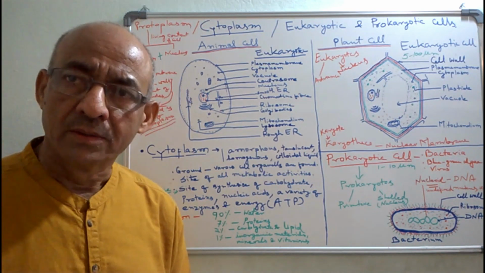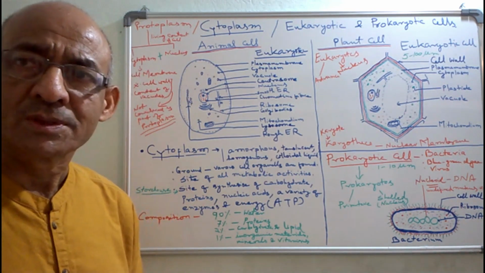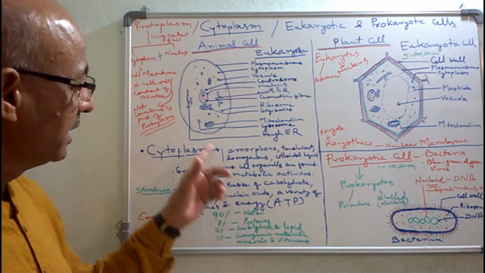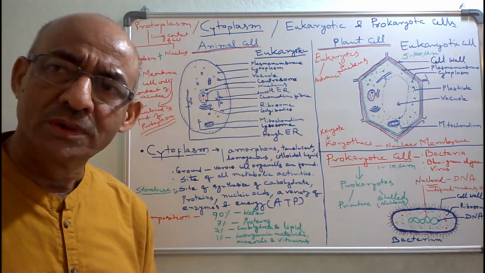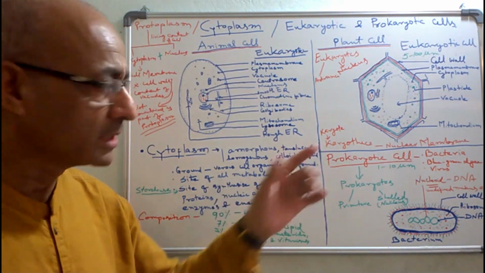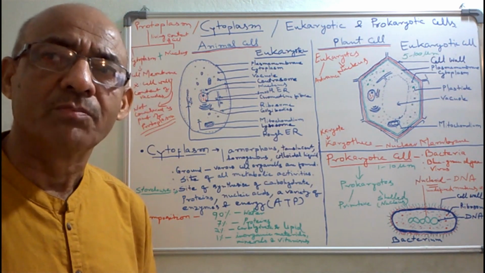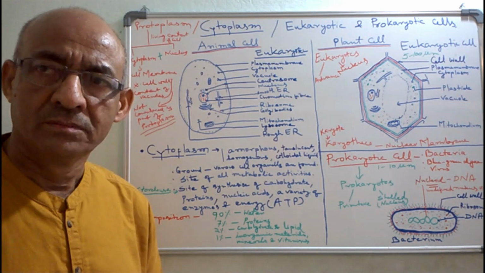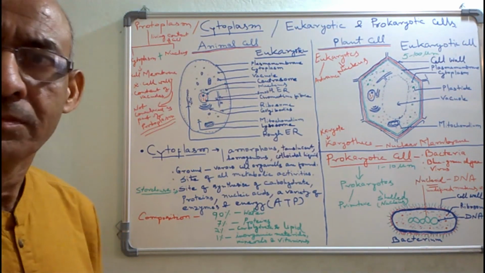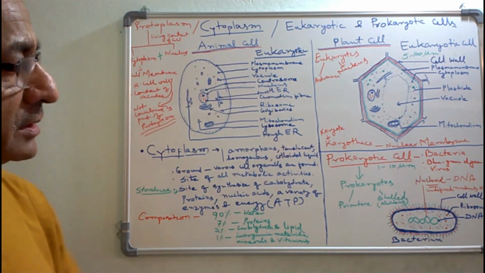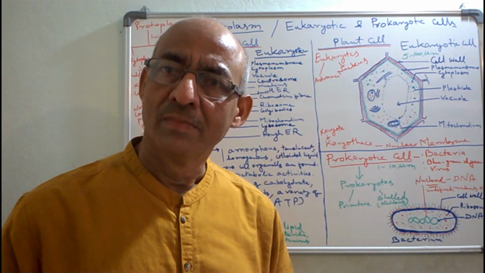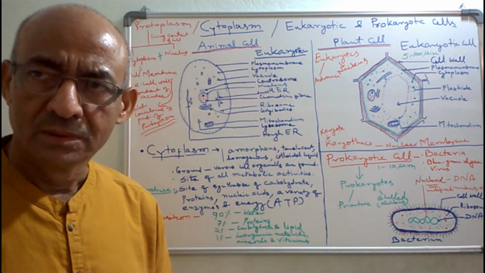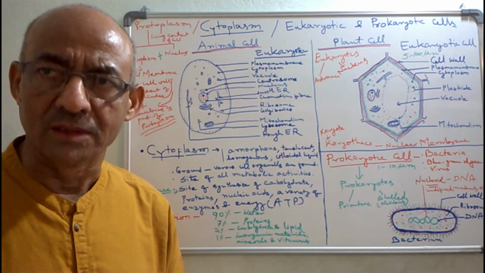But here we should know, apart from cytoplasm and nucleus, the cell membrane, both in the case of animal cell and plant cell, is also considered as a part of protoplasm. But another point we should remember is that the cell wall and the contents found inside the vacuole are not considered as a part of protoplasm.